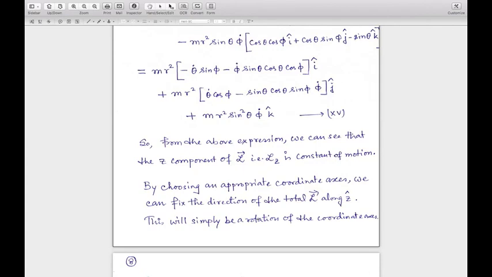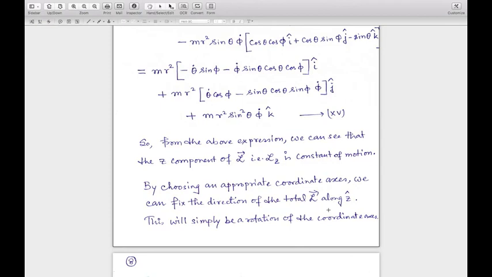So the question is, can you suppose that all the effect of rotation is just along the z direction? Or the question can be put another way: if we can do that, will the physics be unchanged? Well, as you know, we can easily do that just by changing the coordinate axes by a suitable rotation.